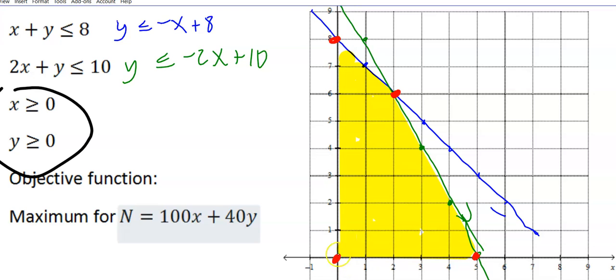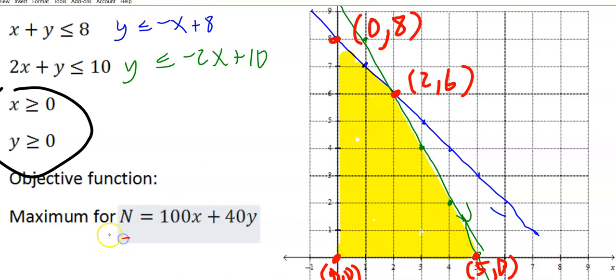So this is (0, 0), probably not going to be the answer, but we could see. This is (5, 0), this is (2, 6), and this is (0, 8). We're just going to plug into our objective function, which is this one. So in this case, that would be 100 times 0 plus 4.